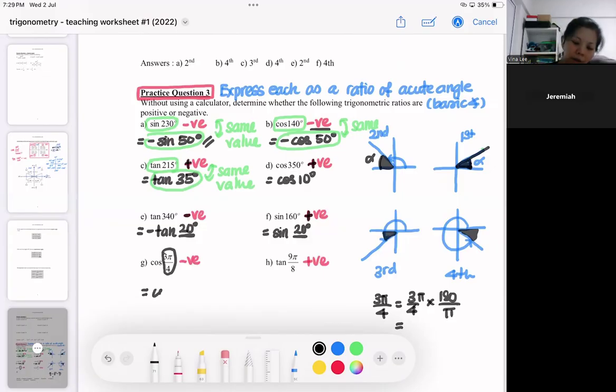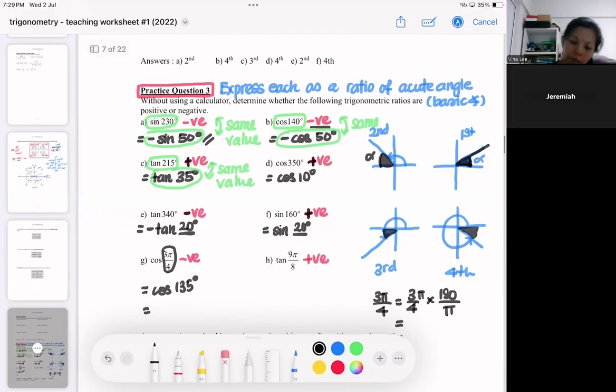Okay, so you actually get 135. So now my next question is negative. So who is the basic angle for 135? Correct.